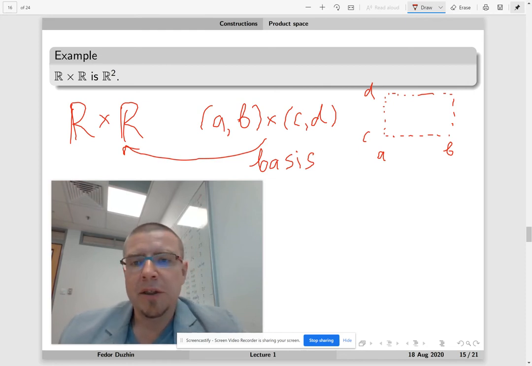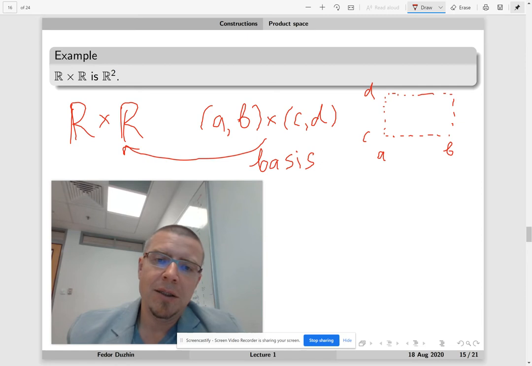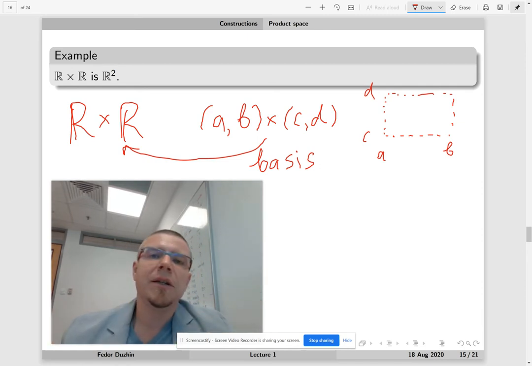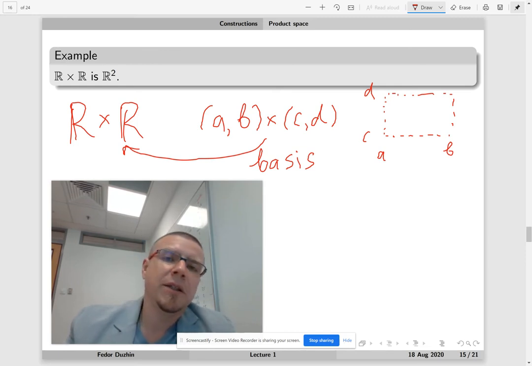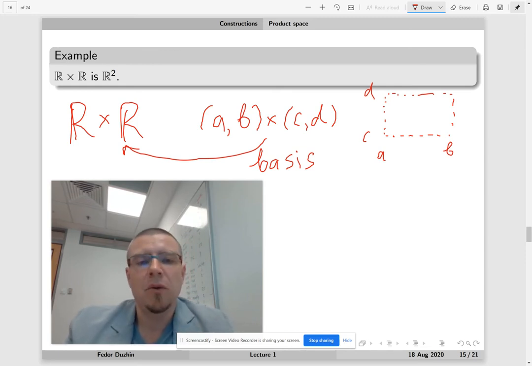But as we have seen in class, this is indeed a basis for the same topology as the standard topology, right? Specifying a topology using open rectangles is the same as specifying it using open balls. So this is indeed the same thing.